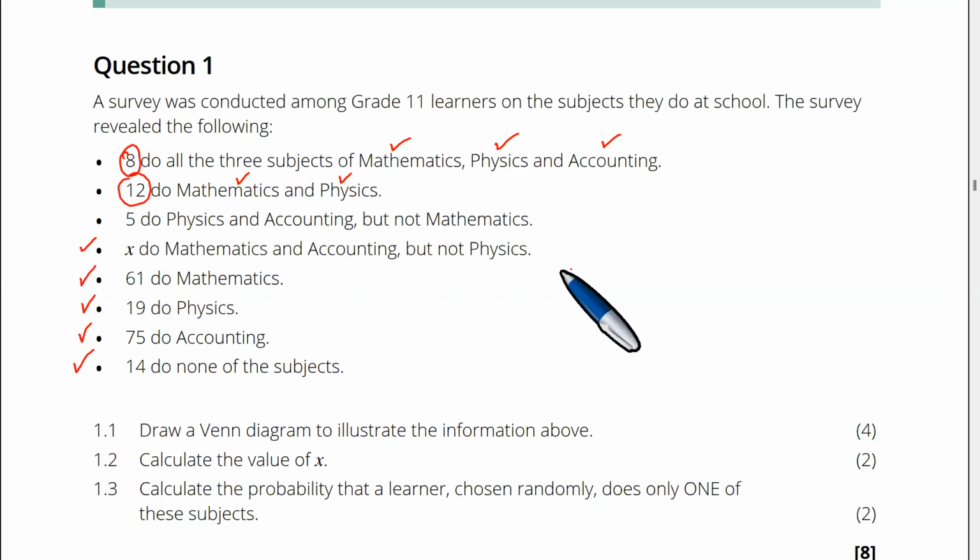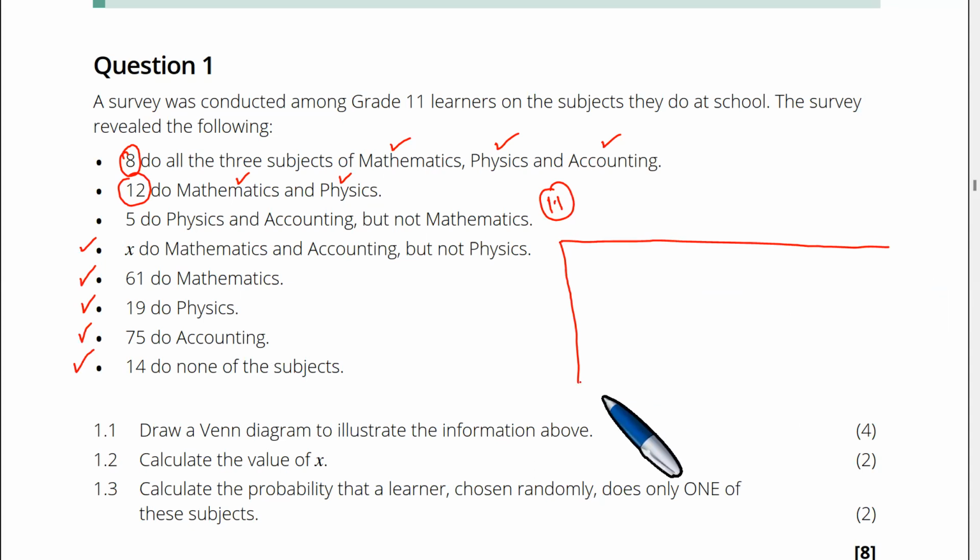So now we're going to look at question 1.1 as we draw the Venn diagram. In 1.1, you need to learn how to draw a Venn diagram. Here is the Venn diagram. As we draw this Venn diagram, we need to realize a couple of things.